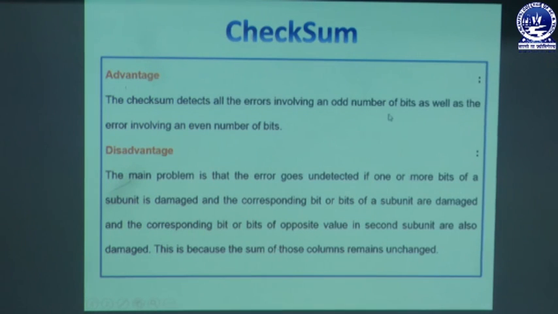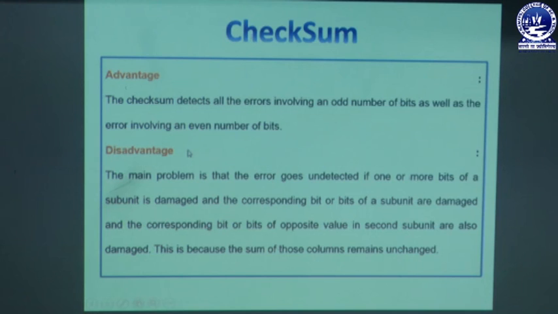But previously LRC or CRC were considered for a single bit of data, or they would work either for an odd number of bits or for an even number of bits. But checksum can be considered for both odd and even numbers of bits.